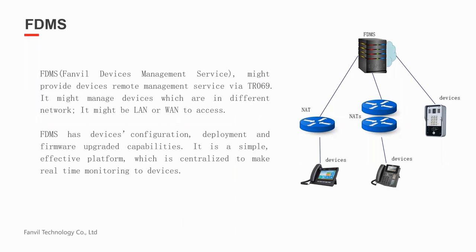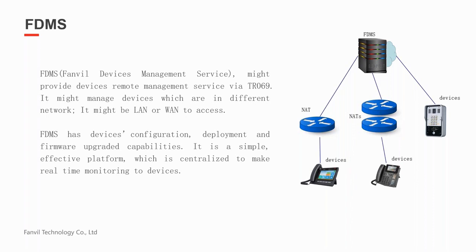FDMS is the Fanvil Devices Management Service. Actually, it is a standard protocol and application realized via TR069, so you can also treat it as a standard ACS server by TR069.